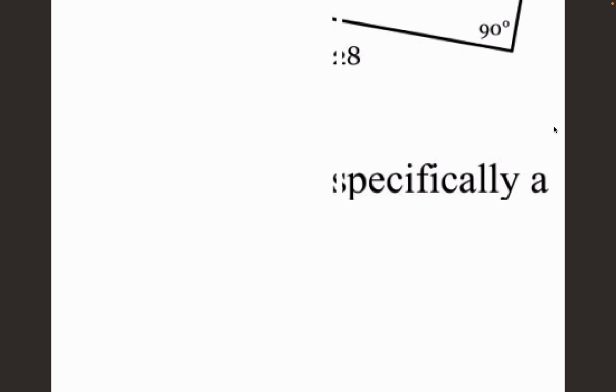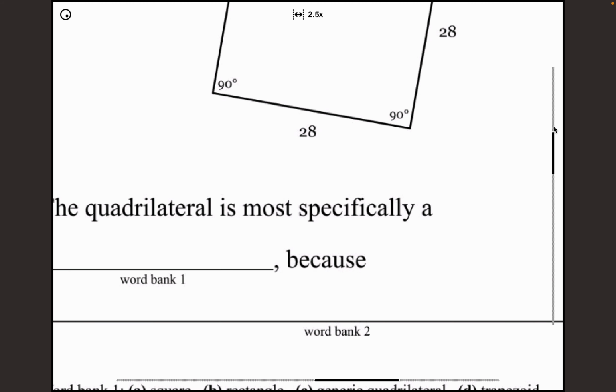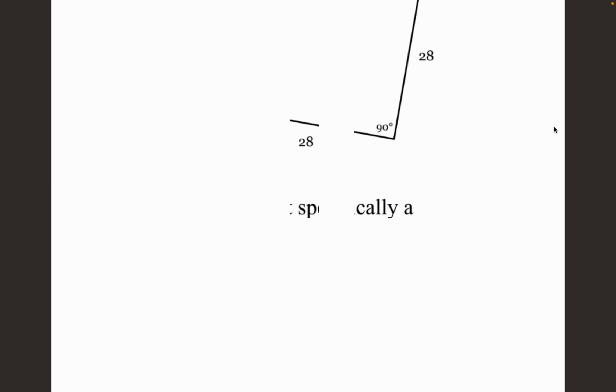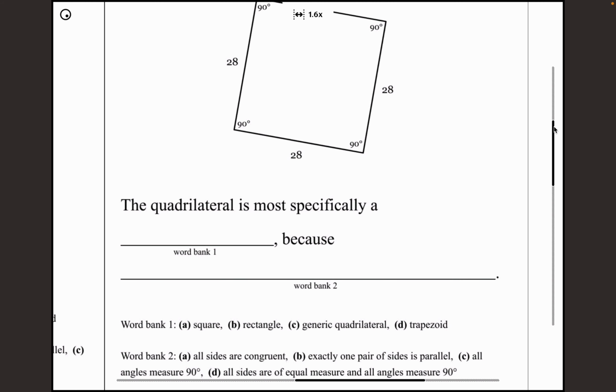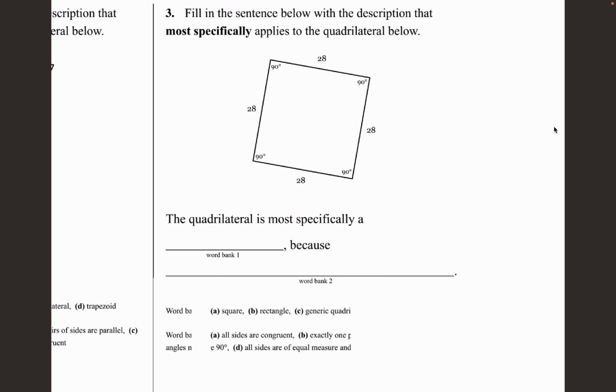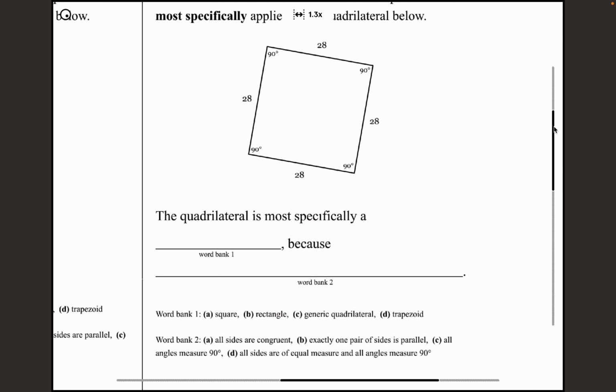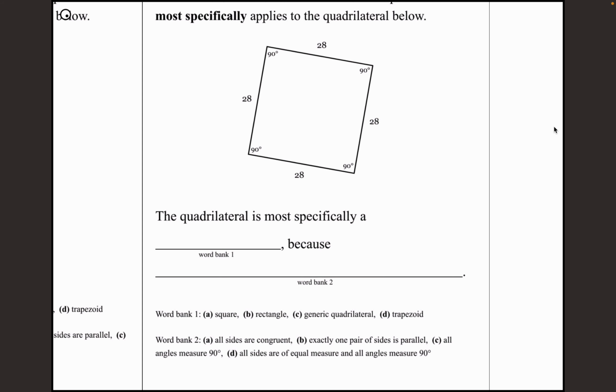Next one's a square. I have to zoom out just a little bit more. All right, let's look at this one. What is this going to be most specifically? Why do we say square?